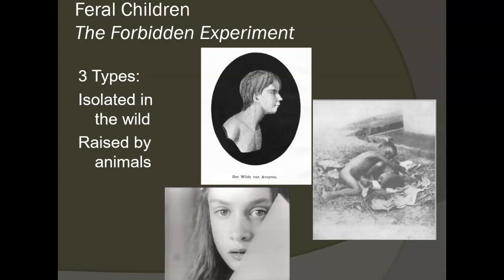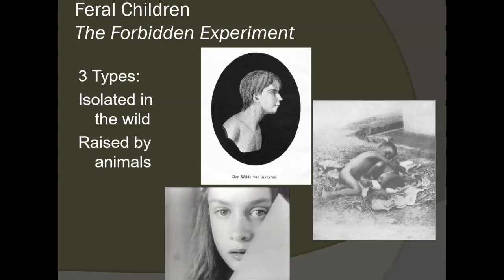Their story is well documented, as are cases of other infants that have been found primarily with canines, and they most likely suckled from them as well. And so they learn the barks and the growls of the animals that they live with, but depending on the age when they're found, it's quite difficult to train them or teach them language.